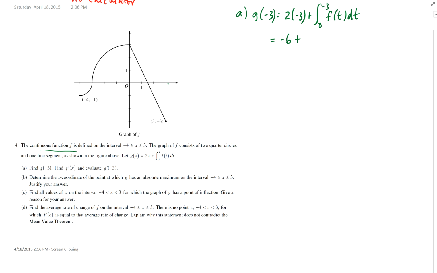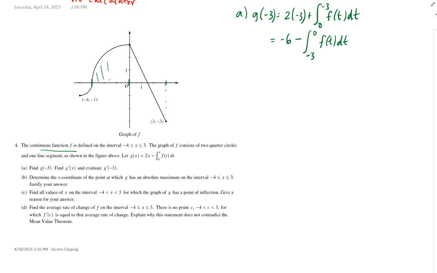Well, that's going to be minus the integral from -3 to 0 of f of t dt, and -3 to 0.